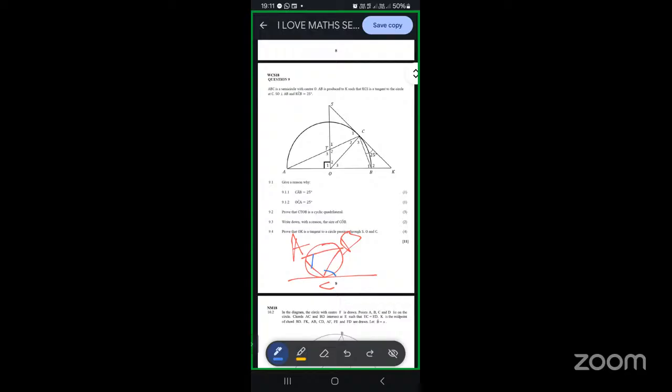Yes, sir, because that angle is between the chord in the circle and the tangent of this circle, and it is equal to the angle in the triangle that is opposite this chord, which is that one.